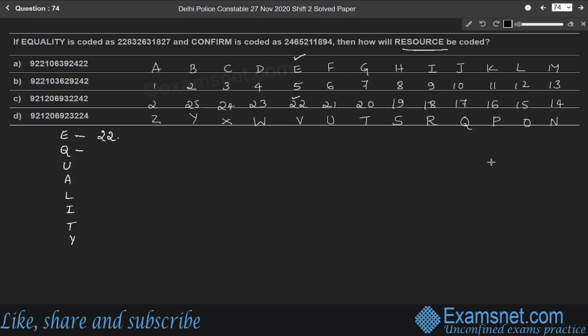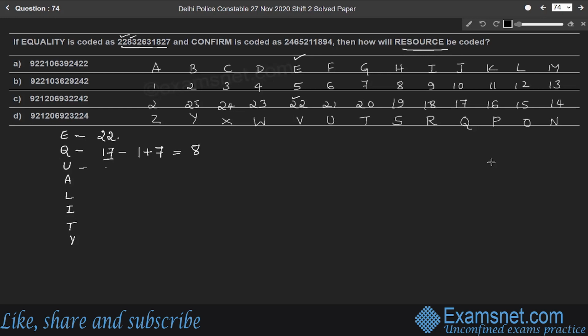So for Q, what is the positional value of Q? It is 17. If the positional value of an alphabet is a double digit number, it is coded as the sum of its digits, that is 1 plus 7 is equal to 8. So in the code, Q is coded as 8, E is coded as 22, right? So what about U?